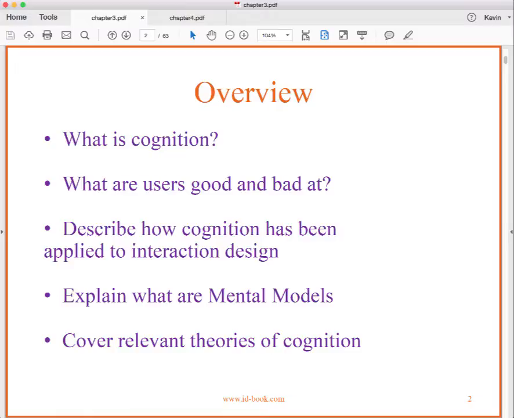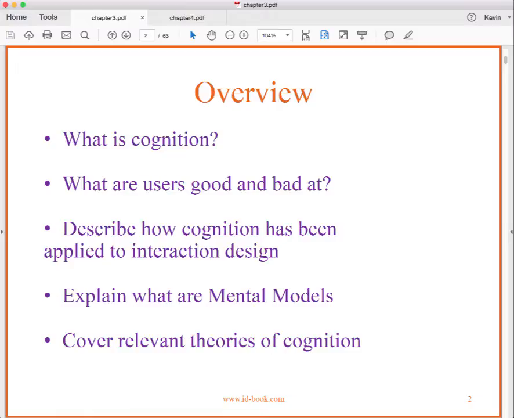So, we're going to talk about what is cognition, pretty much mind and thinking stuff. What are users good and bad at as it relates to cognition? We're going to describe how cognition has been applied to interaction design in terms of theories and models.